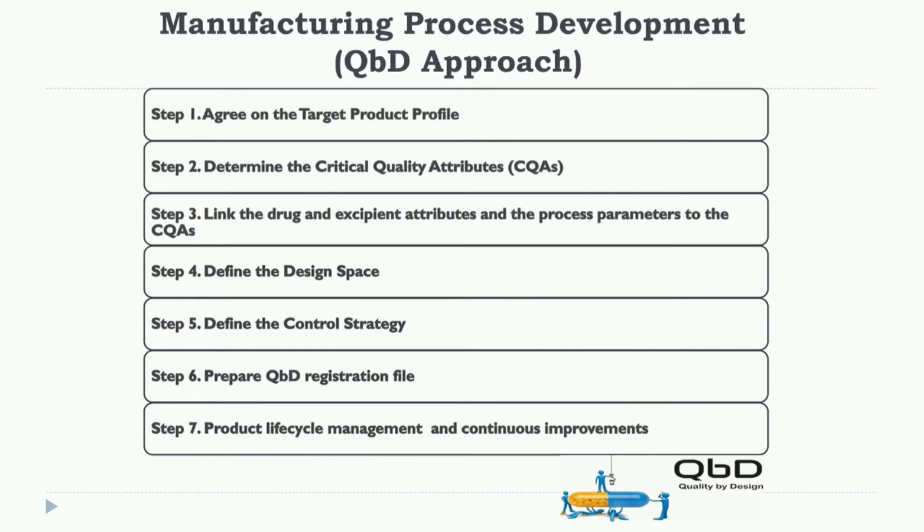We determine the critical quality attributes, which we talked about earlier, and link those attributes to the process parameters. We define our design space and our control strategy: what kind of control parameters, what kind of analytical testing we need to do on our product to get a quality product. Then we prepare our documentation and then life cycle management of that product with continuous improvement. In the QbD approach, we can't just make a product and leave it there. It's a continuous improvement.